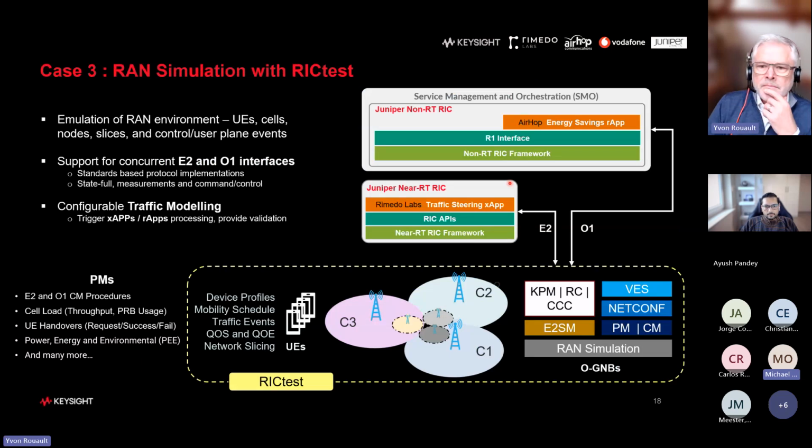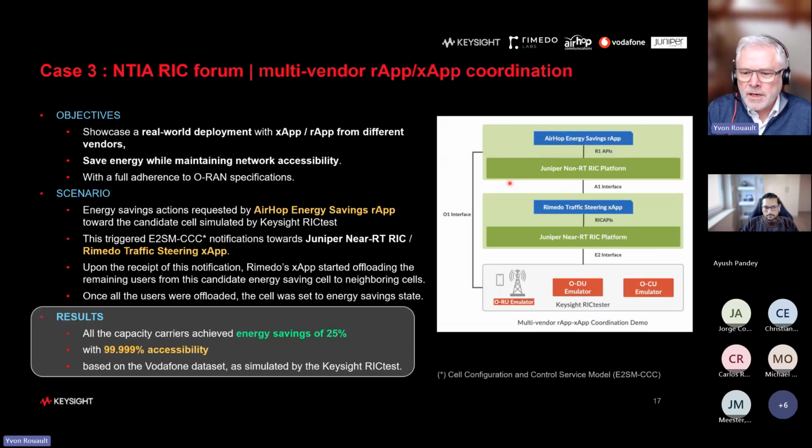And that was the traffic steering app, which then obviously utilizes standard 3GPP signaling to initiate the handovers and not have dropped calls. Yeah, actually, there are different mechanisms that are possible, and there is a very, very good white paper from Rimedo, if you want to go there, that explains these two mechanisms that are possible.